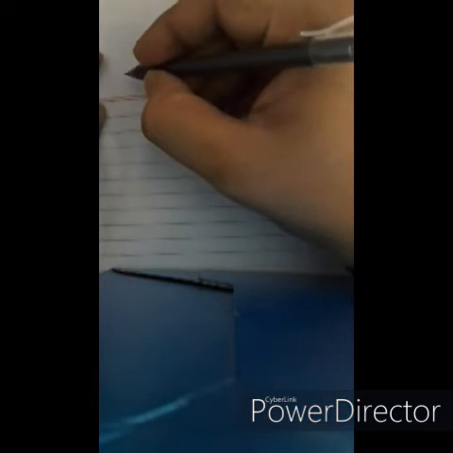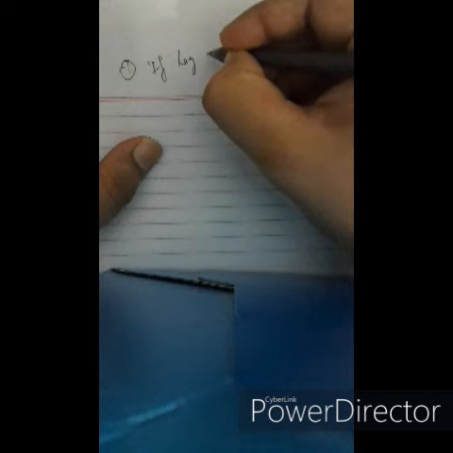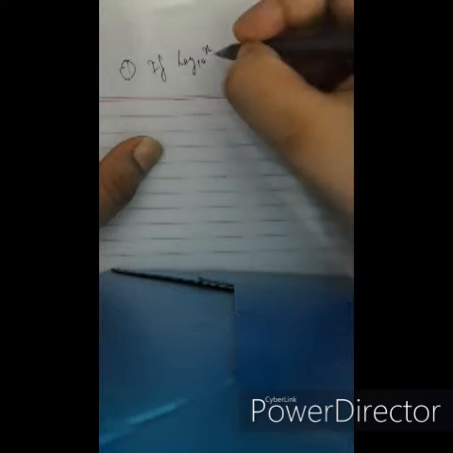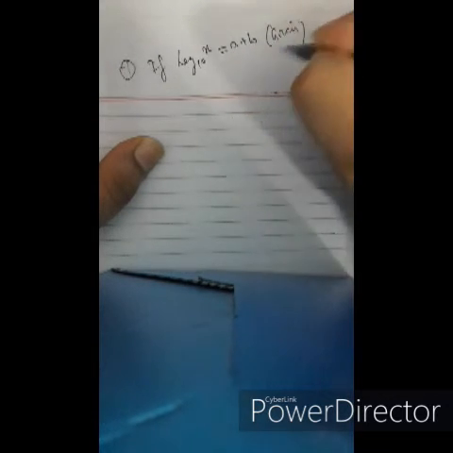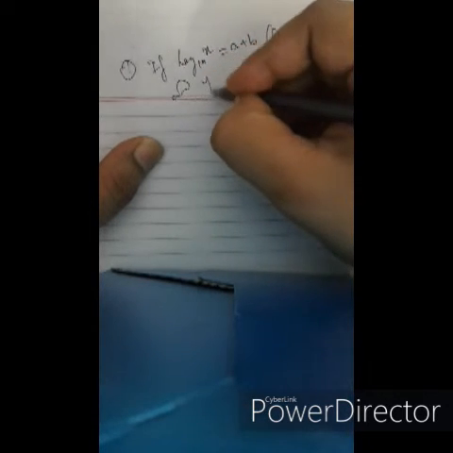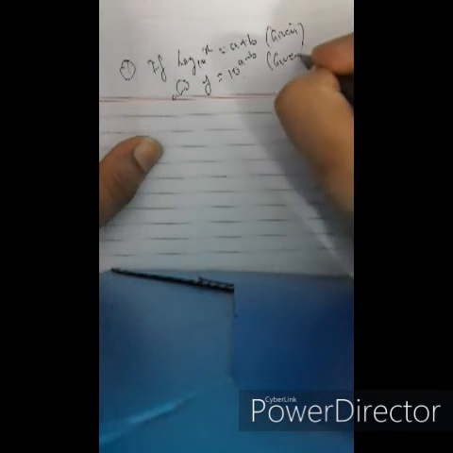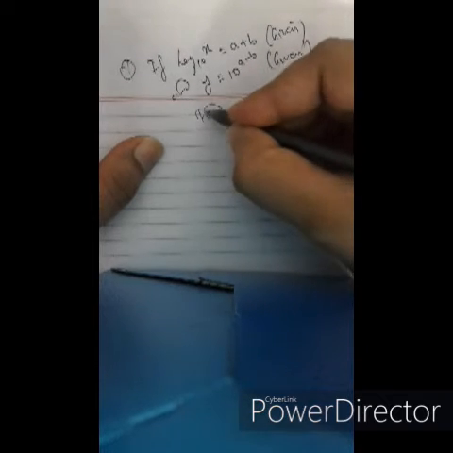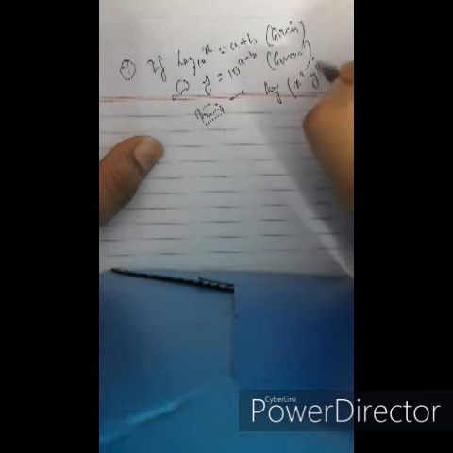So let's take a look at two more problems regarding logarithm. If log x to the base 10 equals a plus b, given, and y equals 10 to the power a minus b, this is also given, we have to find the value of log x square y cube to the base 10.